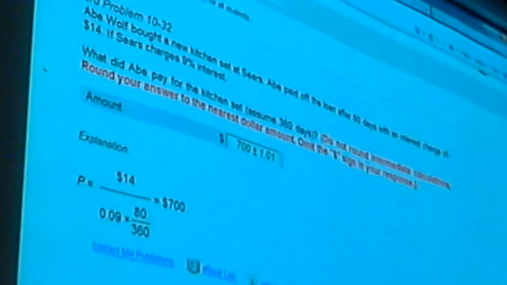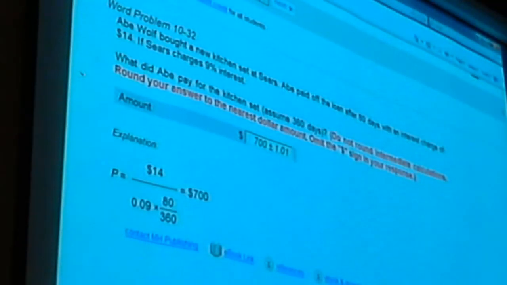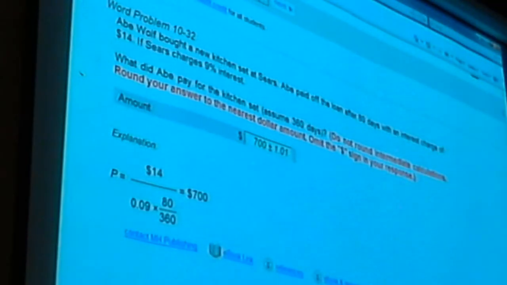And then do 14 divided by that number. Whatever that number is. Does that make sense?